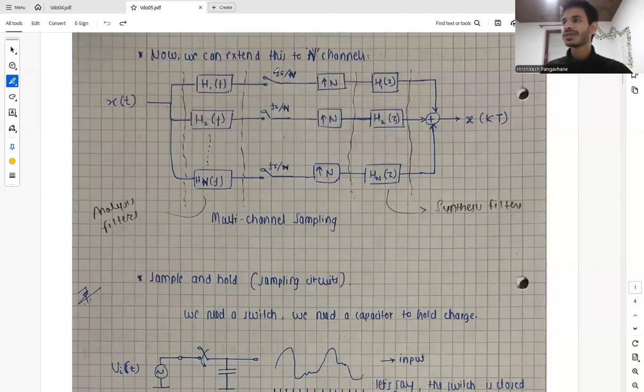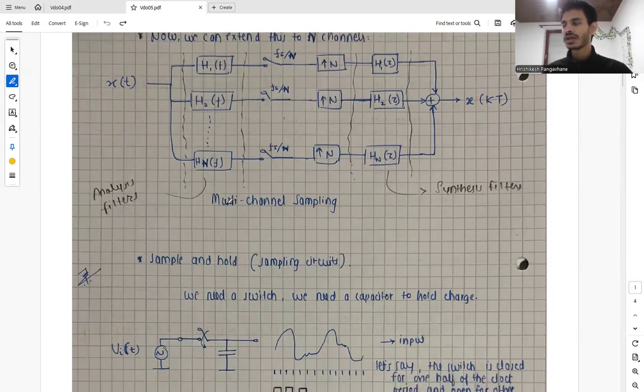So basically, to design this sampler, we are going from a continuous signal again, and we want a discrete signal, right? Like this. So going from continuous domain to discrete domain. So we need sampling at the rate of discrete time T. So we basically need a switch, and along with a switch, we also need a capacitor to hold the charge.